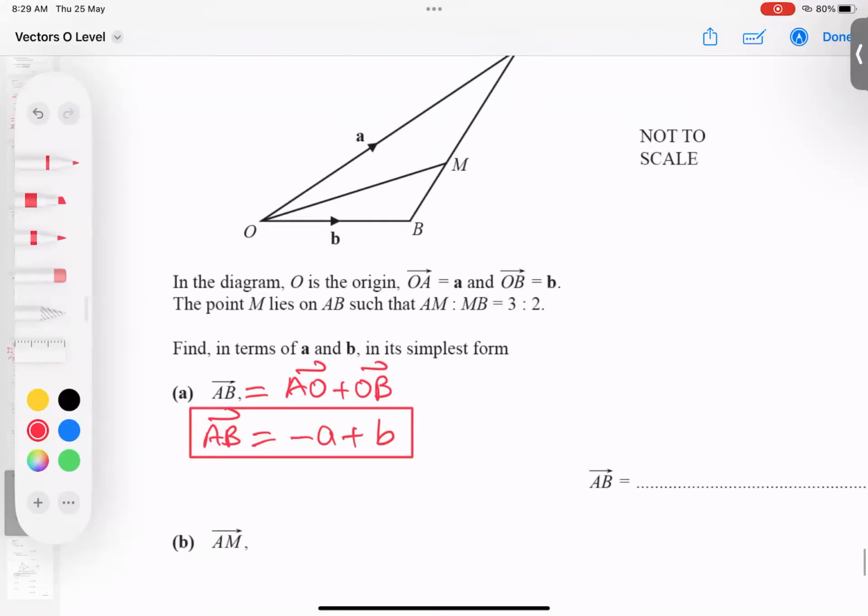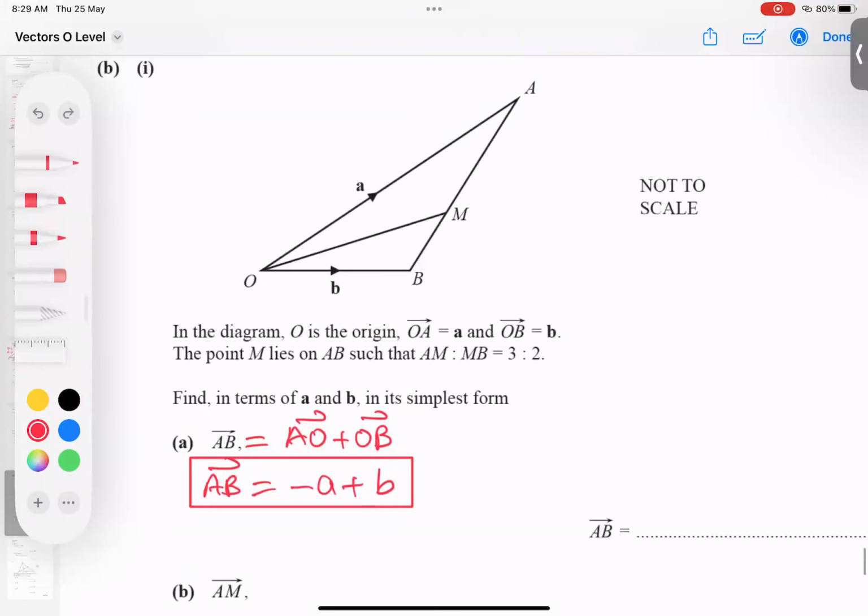Second part, he is asking us for AM. So now we have to bring our attention to AM is 3 units, and MB is 2 units. So this is the ratio given by him. And what is the method to find out AM? Okay, students, this is my question.